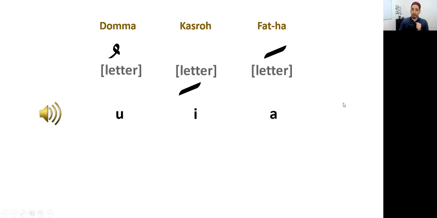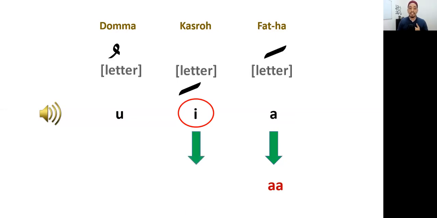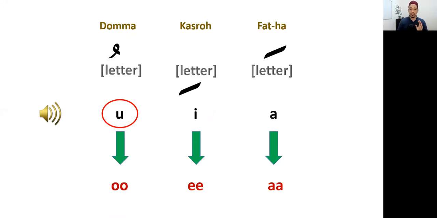So the fatha vowel over here, which is the a sound, can be extended to have a long a sound. And the kasra vowel over here, which is the e sound, can be extended to have a long e sound. And the dhamma vowel over here, which is the u sound, can be extended to have a long u sound.